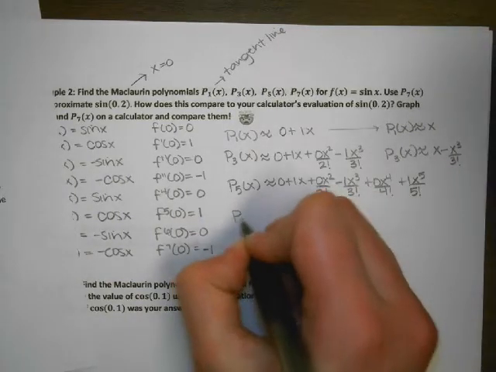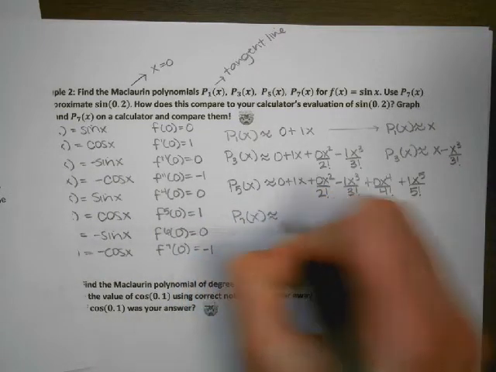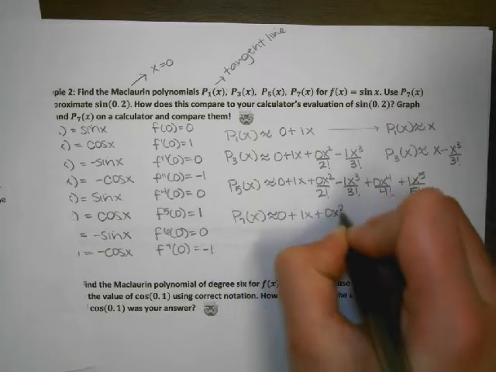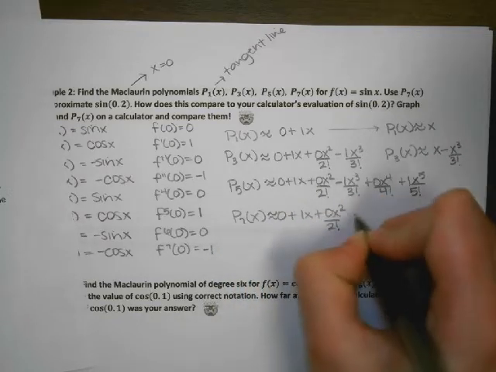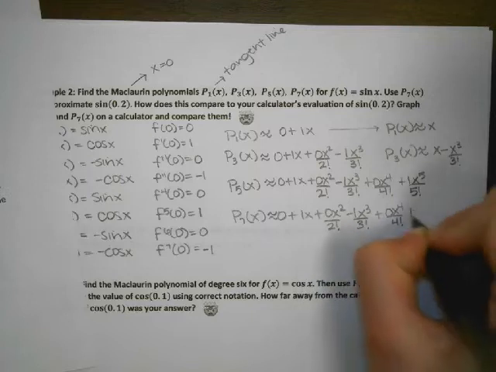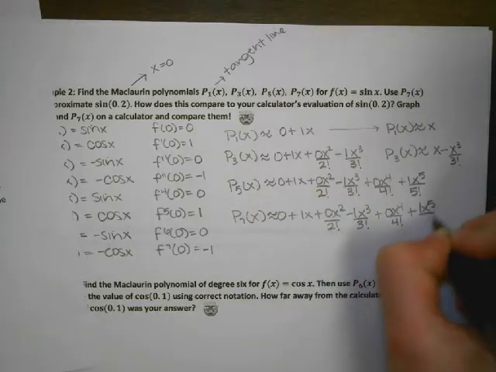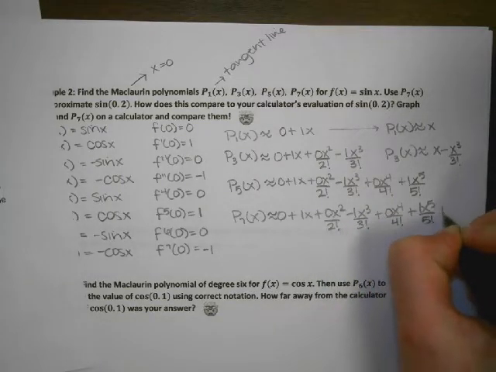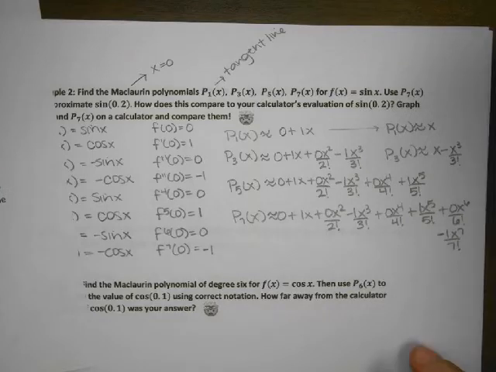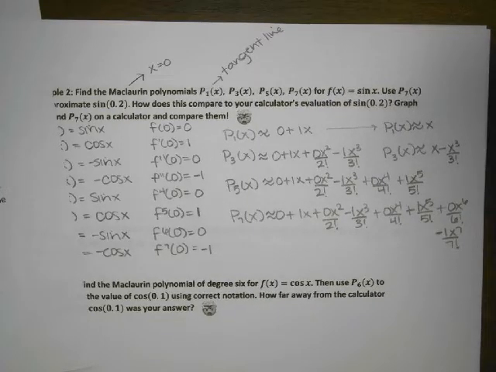And then for the seventh, we've got 0 plus 1, 0, minus 1, 0, plus 1, 0, minus 1. Whew. Wasn't that obnoxious?